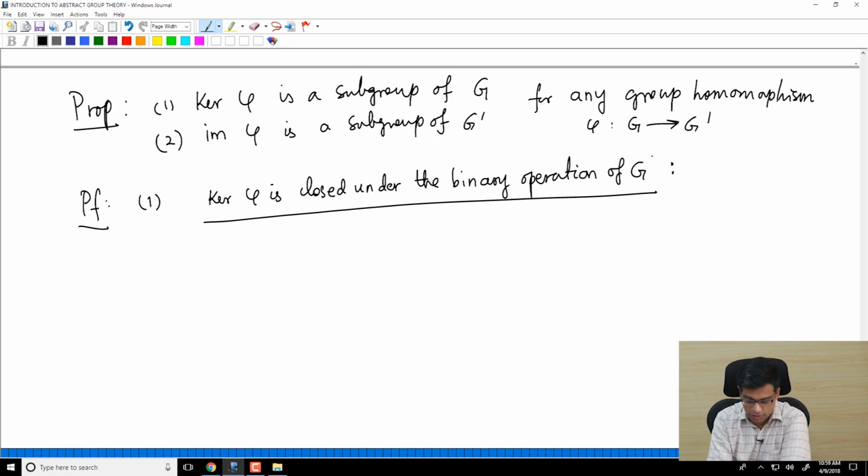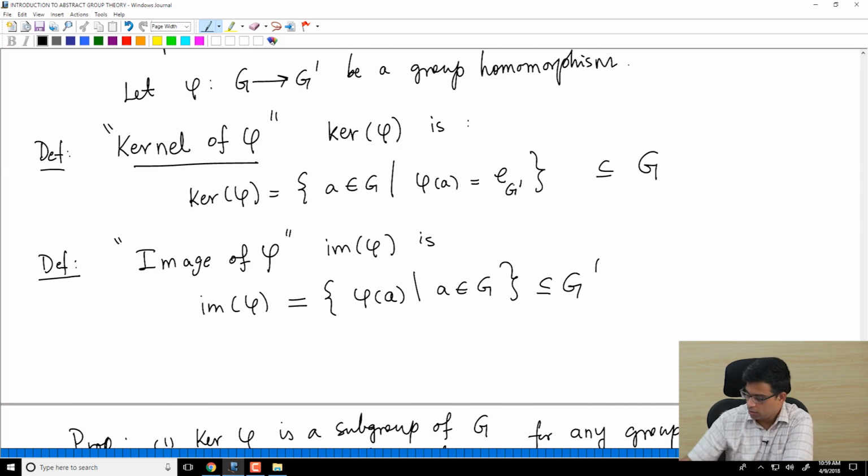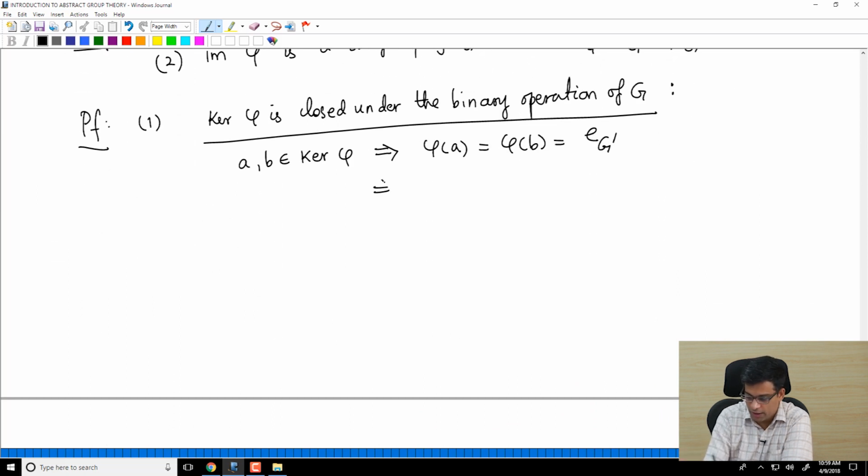Kernel phi is closed under the binary operation of G, not G prime, because if A and B are in kernel phi, this means phi of A and phi of B are both EG prime. By definition, kernel phi consists of elements which map to the identity of G prime. But then what is phi of AB?